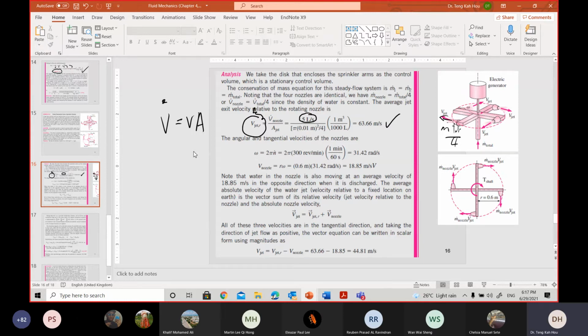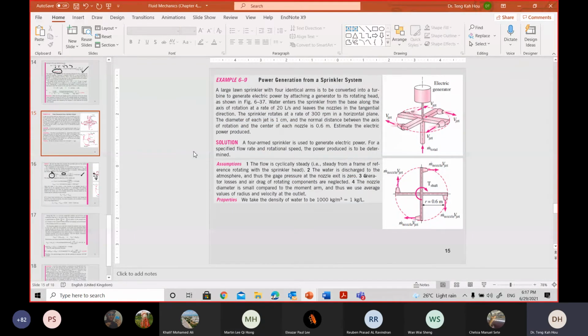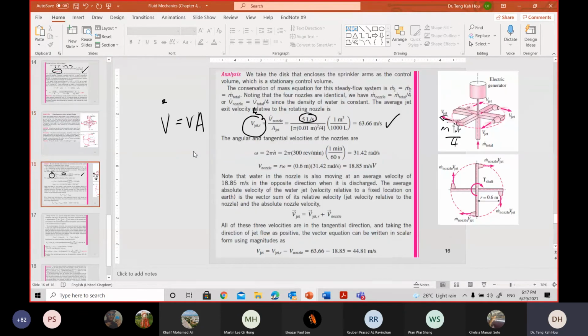Okay, so are you okay until here? Yes, sir. Okay, good. So after that, you also know that the sprinkler is going to rotate at 300 RPM. That means this whole thing, with this additional information, is going to rotate 300 revolutions per minute.